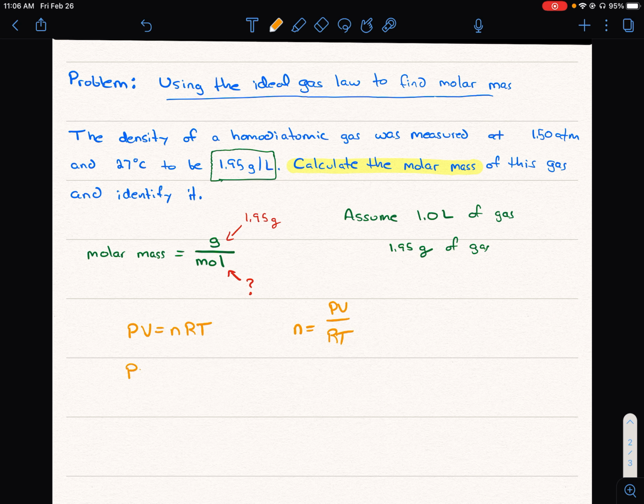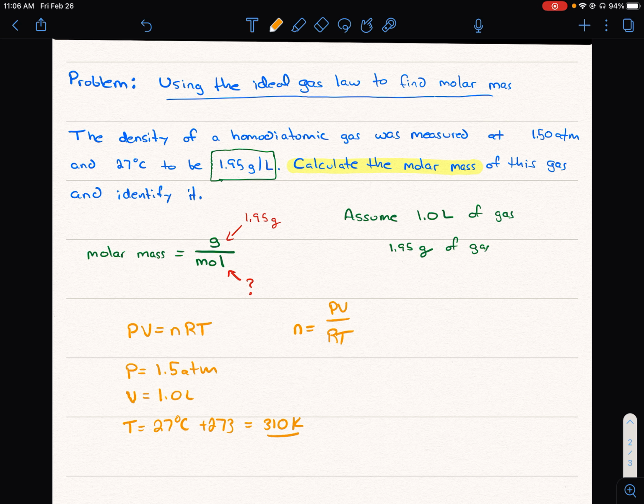We know the pressure is equal to 1.5 atm. We know the volume we've assumed to be 1.0 liter. And the temperature is 27 degrees Celsius, which we now know we have to add 273 to make that 300 Kelvin. We need our temperature to be in Kelvin.